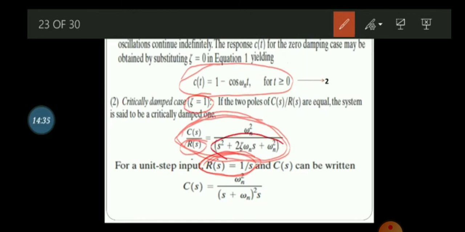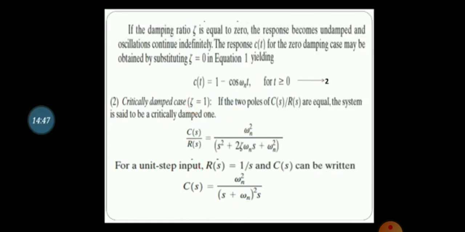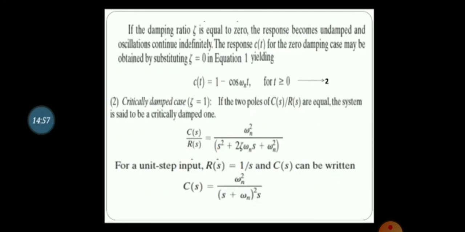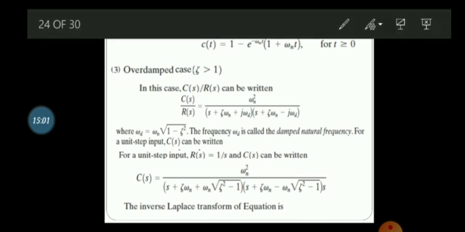Then you will get C of s equals omega n square divided by s times the quantity s plus omega n, squared. Now determine the inverse Laplace transform of this equation. What is C of t?